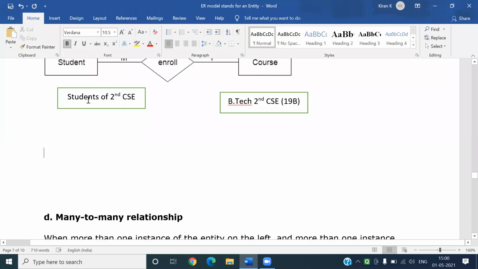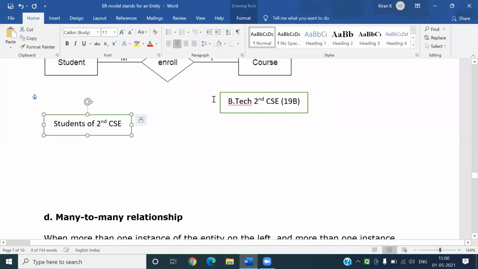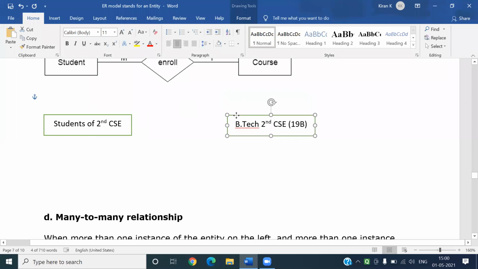What is the relation between these two entities? What is the relation between these two entities? The relation is belongs to, belongs to.